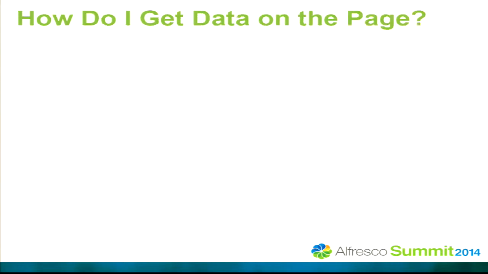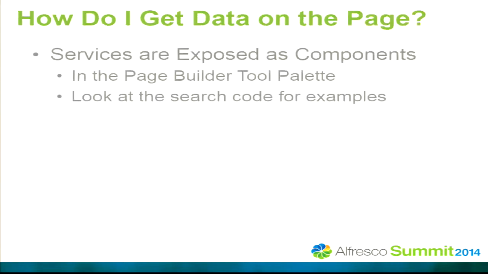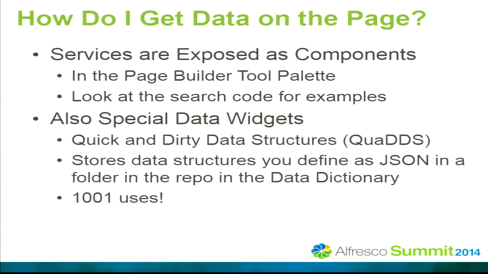All right, so how do you get data on a page? Well, the services are actually exposed as Aikau components. They're in the page builder tool palette, and you can also look at the faceted search page for an example of that as well. There's some special data widgets. One is called quads, which allows you to set up a data structure.